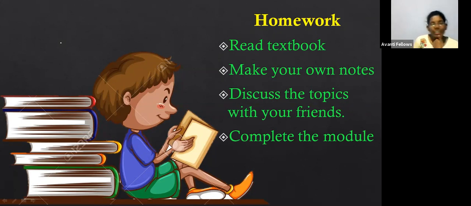From the next classes we are going to start the new chapters. Sometimes a friend can teach far better than a teacher, which means you can understand better. So always try to discuss the topics with your friends, or explain something to your friend and ask your friends to explain something to you. That will be very helpful, I feel.